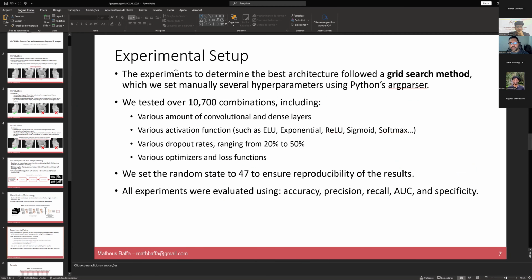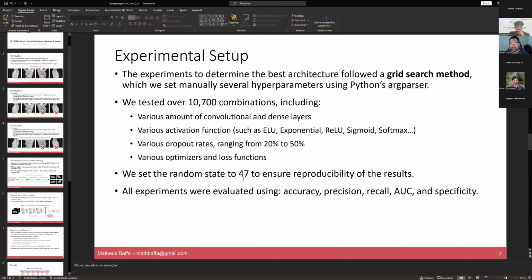We tested over 10,700 combinations of these hyperparameters, including different amounts of convolutional layers, different amounts of dense layers, various activation functions such as ELU, exponential, ReLU, sigmoid, softmax, different values of dropout rates as well, and various optimizers and loss functions.